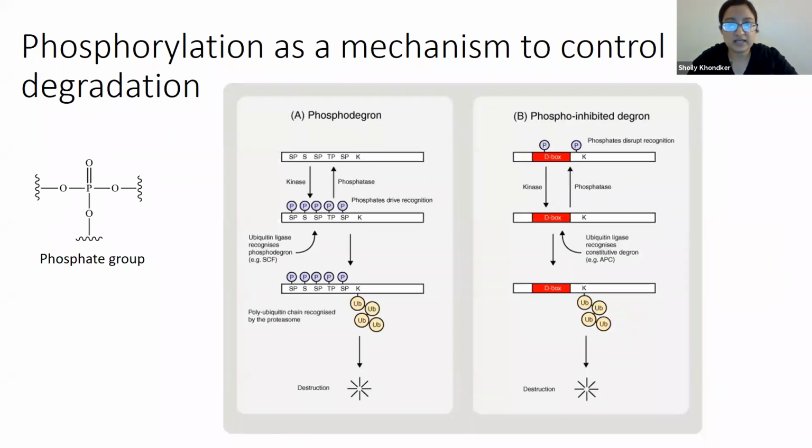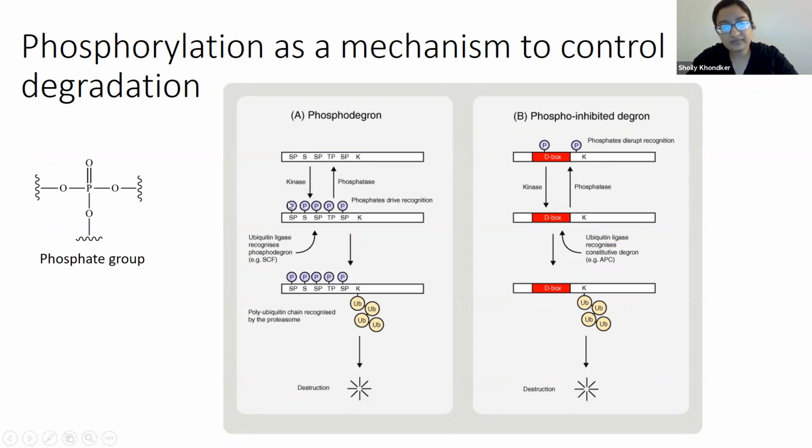So phosphorylation is the addition of a phosphate group by a kinase. And this can be used as a mechanism to control protein degradation. One mechanism for this is the creation of phosphodegrons.